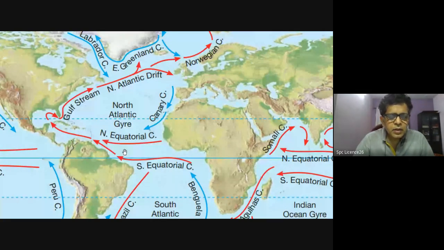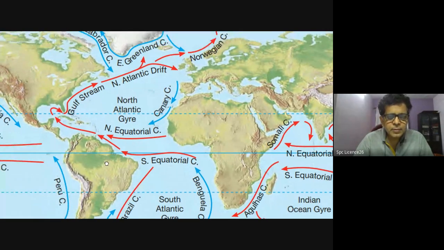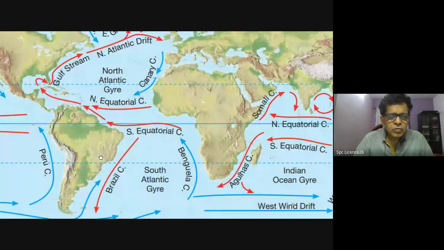You'll see that to the north of the equator, you have these warm arrows moving towards the north, and towards the south of the equator, you have these warm arrows moving towards the south. These arrows will move up to the mid latitudes and all the way up into the temperate latitudes also. And the same way here as well. Now, what do you understand out of this?